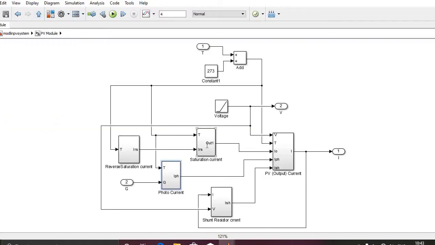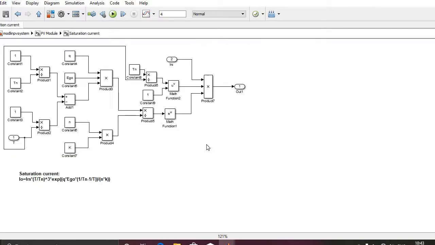Now the next one is the saturation current. The saturation current is given by IO is equal to IRS into (T by Tn) raised to 3 into e raised to (q EGO into (1 by Tn minus 1 by T) divided by Nk).